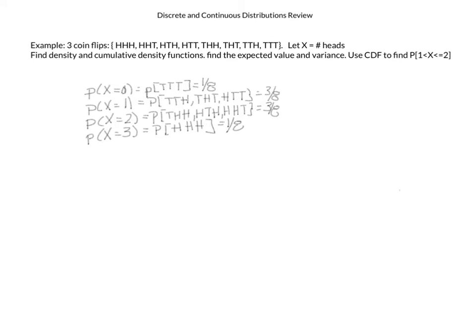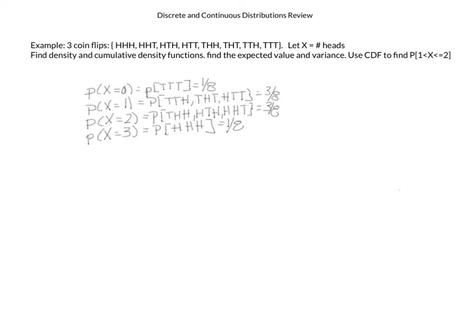That is 1 out of 8 possible outcomes, so the probability is 1/8. The probability that X is equal to 1: I have to look where there's exactly 1 heads, and that occurs at tails, tails, heads; tails, heads, tails; and heads, tails, tails. So that occurs in 3 out of 8 possible outcomes. So 3/8 is the probability.